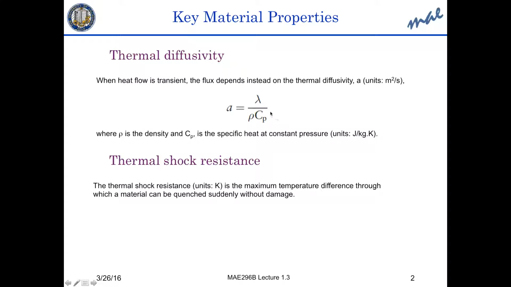And therefore, we can look at the product of rho Cp as the volumetric specific heat of the material. So if you have 1 meter cube of the material, the rho Cp would represent how much heat can be stored in that 1 meter cube of the material.